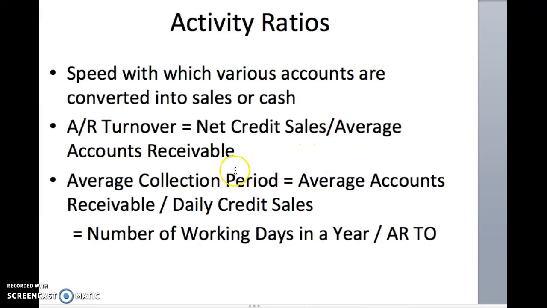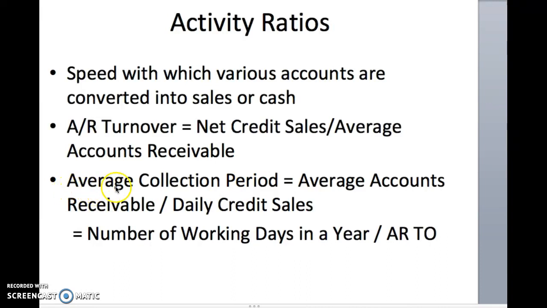And then average accounts receivable would be the beginning accounts receivable plus the ending accounts receivable divided by 2. Now the label for accounts receivable turnover is times. So for this ratio, the higher the number you get, the better. It means that you are converting your credit sales at a faster rate.